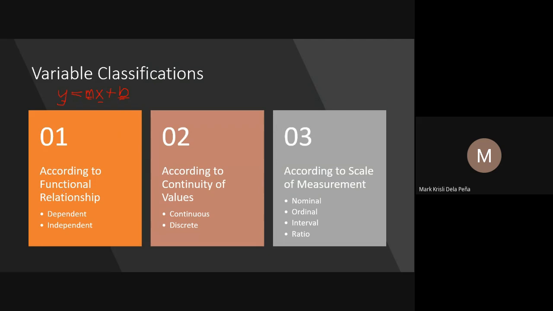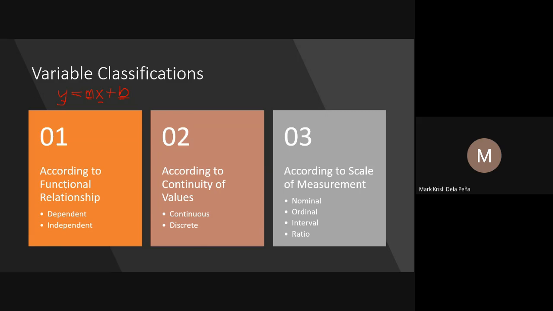Then, if we want to talk about continuity, there are continuous data and discrete data. The difference of these two, let's just take, for example, real numbers. Real numbers actually have a lot of sets. We have integers, whole numbers, rational numbers, irrational numbers. Now discrete numbers are those numbers which don't have decimal values.